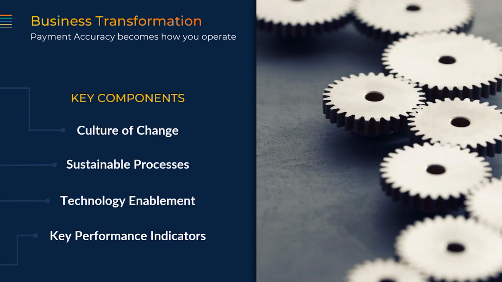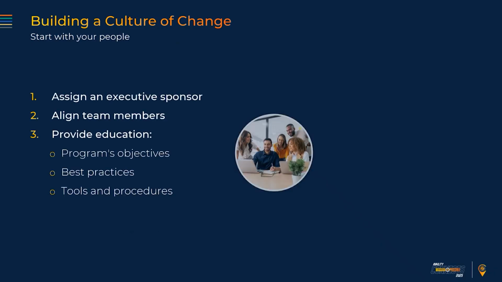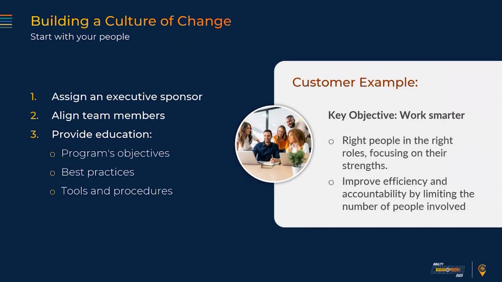So to get into more detail, when you're building out this culture of change, you want to start out with people. The first one is probably one that I say is most critical, is having an executive sponsor. Having an executive sponsor is going to be essential to drive the transformation within your organization.